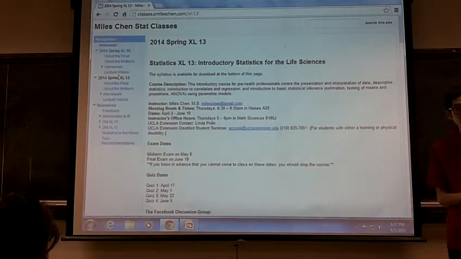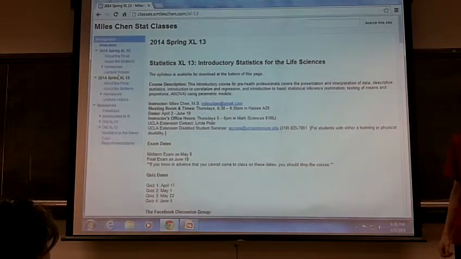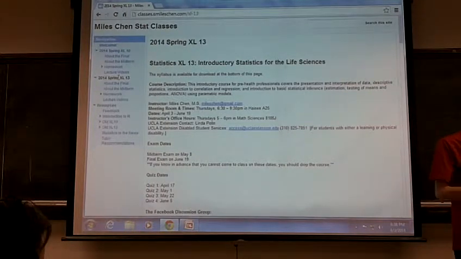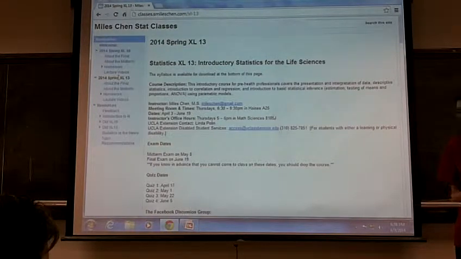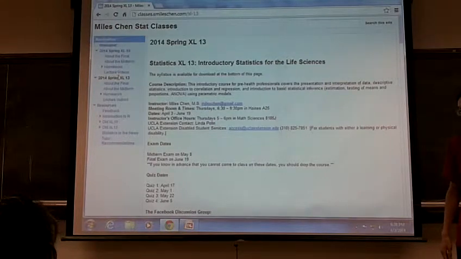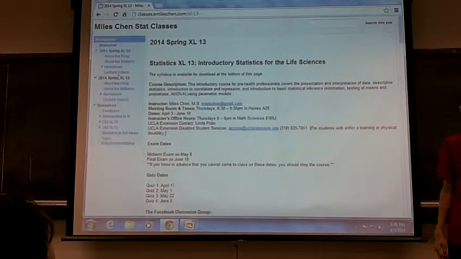Most of them are community college students looking to fulfill a math requirement so they can transfer to a four-year college. Most are taking statistics because they didn't want to take pre-calculus or calculus. They want to avoid that, and most of them will say they're bad at math, and a lot of them actually are. But anyway, that class is taught at a slower pace, a little bit more gentle.